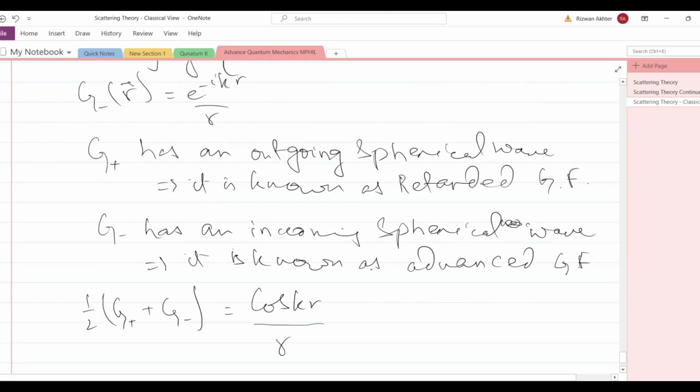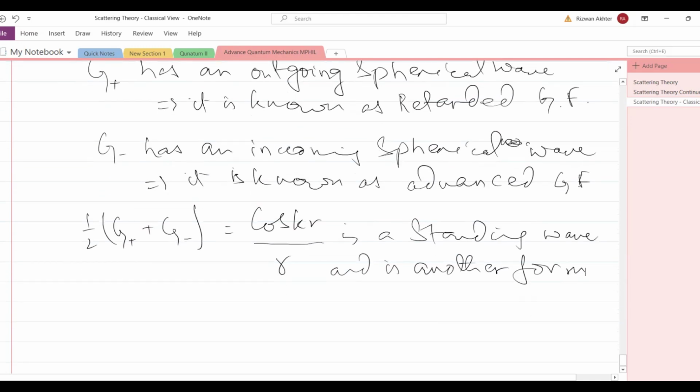This would be a standing wave, and it is another form of Green's function. Other form of Green's function. Okay.